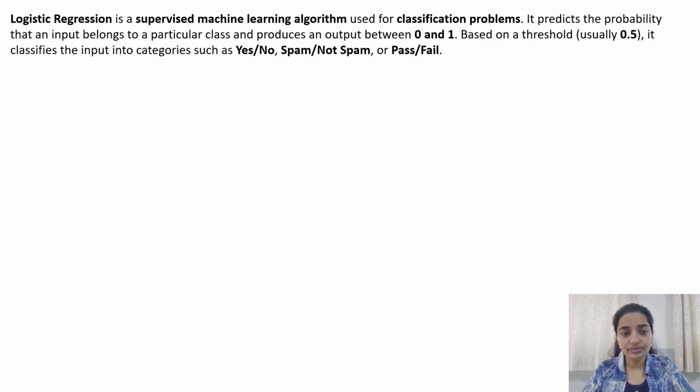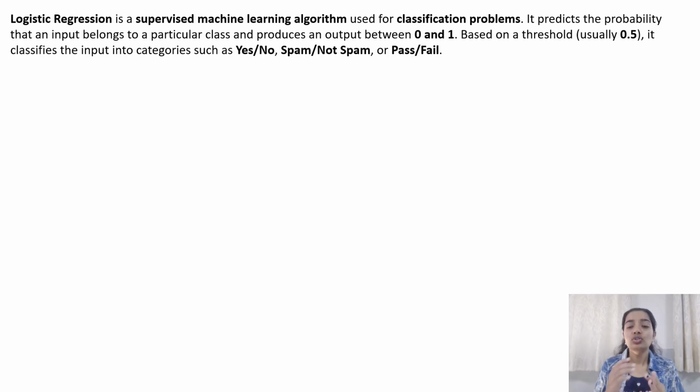Hello everyone. Today let us talk about logistic regression. So logistic regression is again a supervised learning algorithm. Till now, all the algorithms that we have seen are supervised learning algorithms. We have not touched any of the unsupervised learning algorithms.